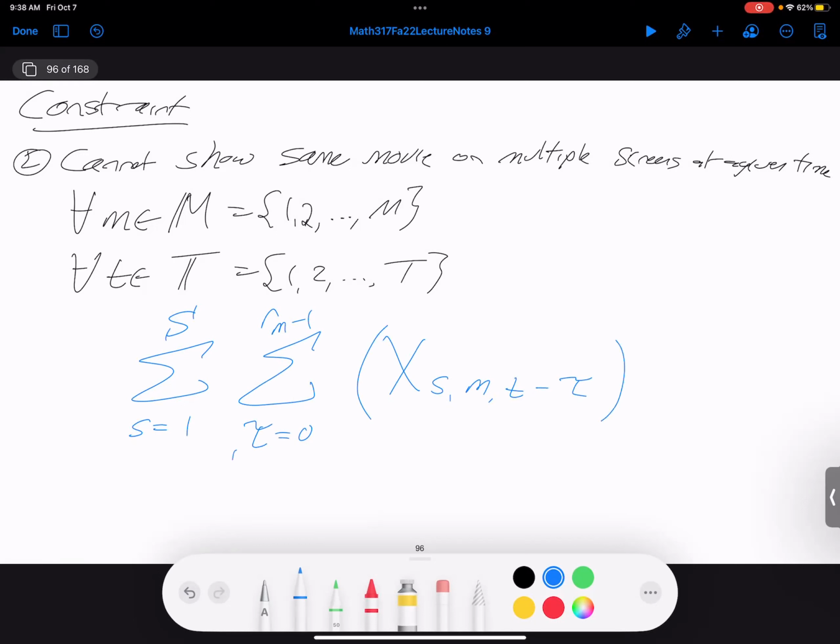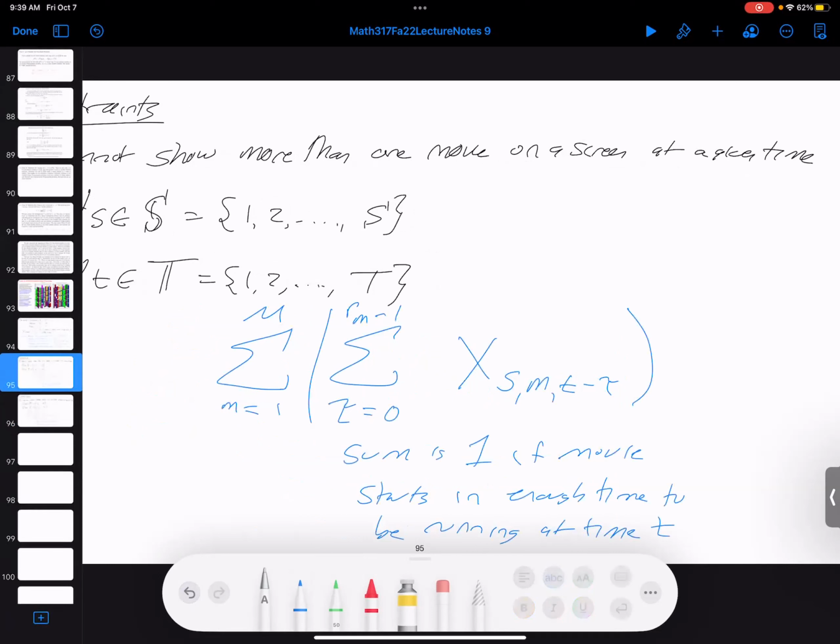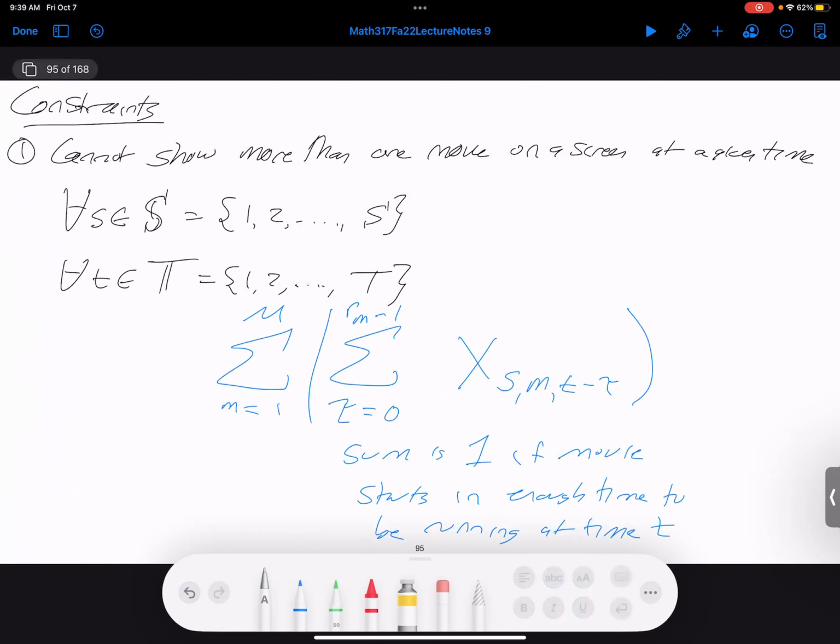So this part over here sees if we're playing movie M on screen S at time t.